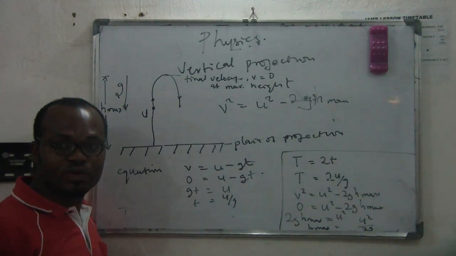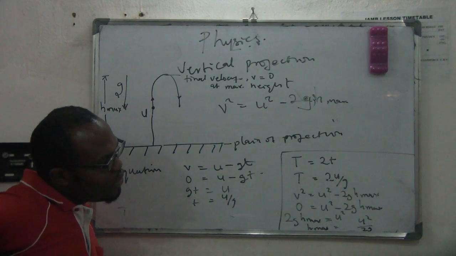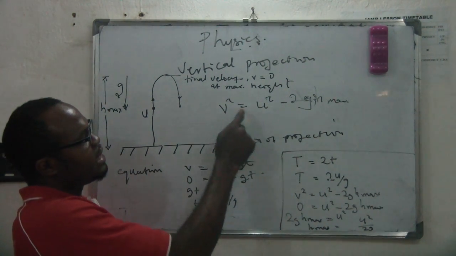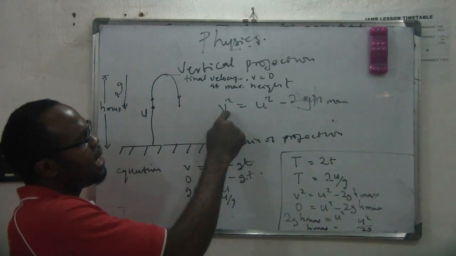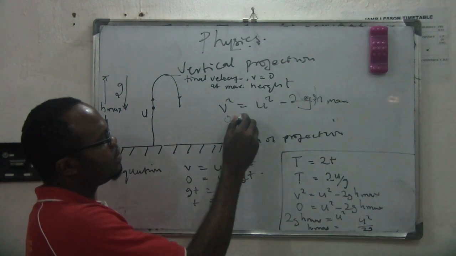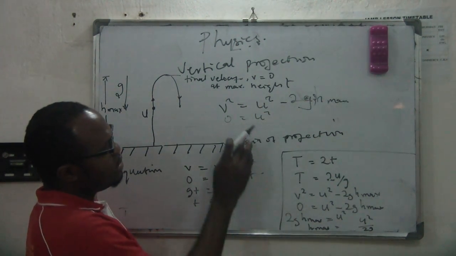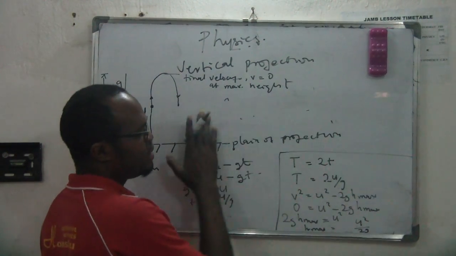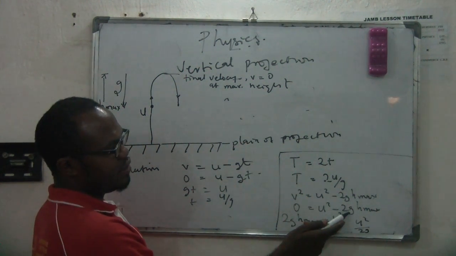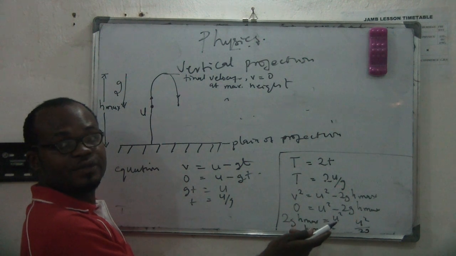This is actually the third equation, right? So how can you calculate h max? We know that at the maximum height, velocity is 0. So we have 0 is equal to u squared. I've already written it here. This is the equation. 0 is equal to u squared minus 2g h max, isn't it?